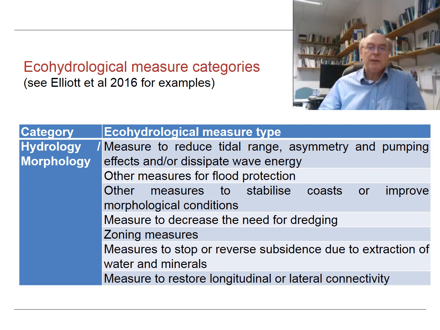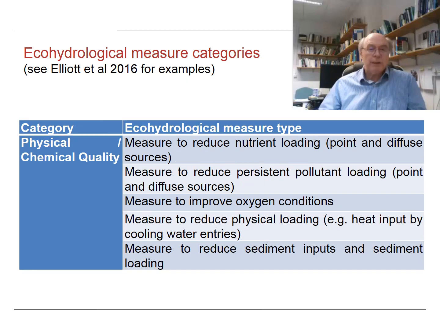Firstly, the hydrology and the morphology, measures to change tidal ranges or to stabilize coasts, to stop erosion, or to change the need for dredging in areas, or to zone an area so we have control over what's happening there. So we have a set of these hydrology and morphological measures.